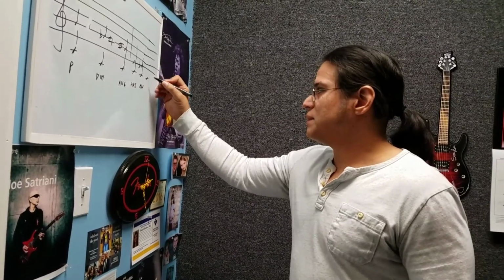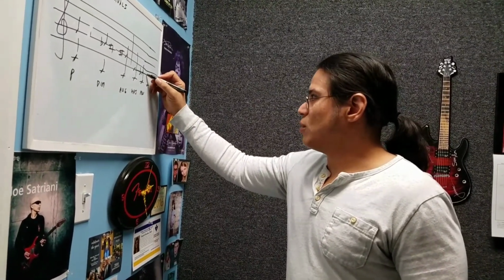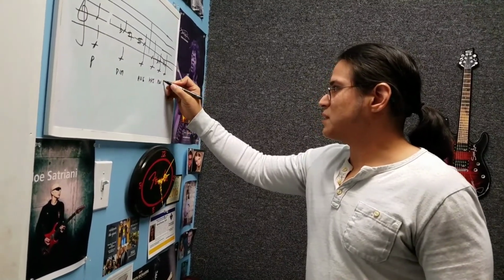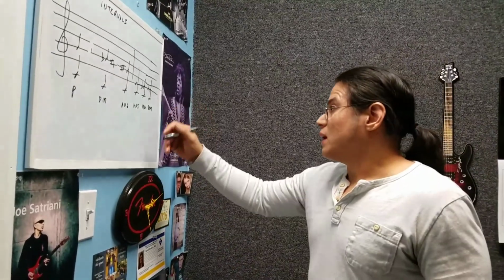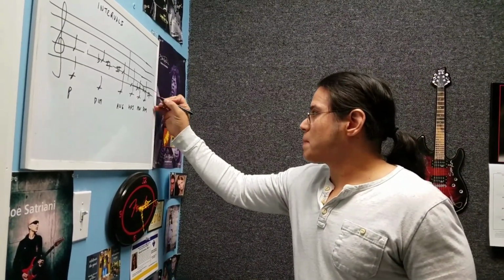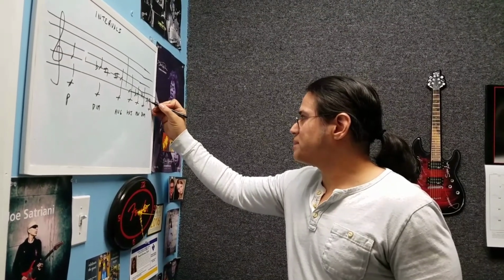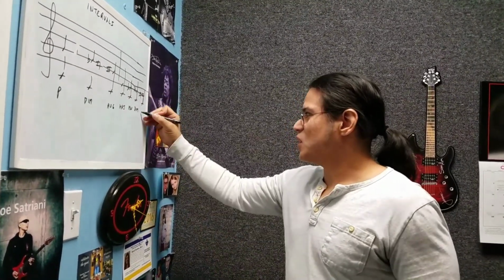If I take C to E double flat, that's a diminished third. Okay. And if I take C to E sharp, you have an augmented third.